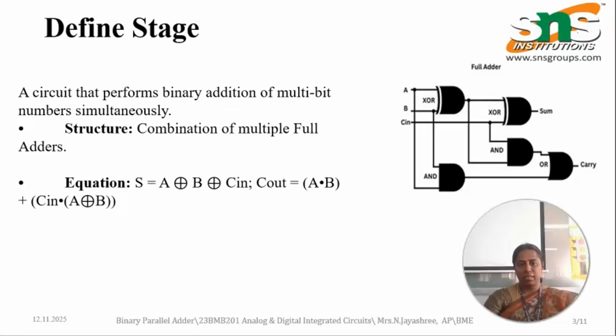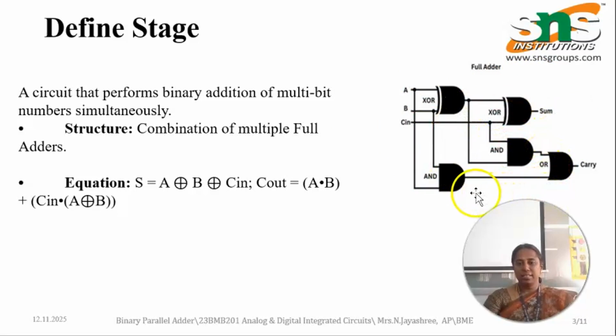Next, the define stage. The circuit that performs binary addition of multi-bit numbers simultaneously. This is the structure of multiple full adder circuits. Here this forms one half adder and this forms another half adder, both together forming this full adder, and these are connected in parallel to form this binary parallel adder.